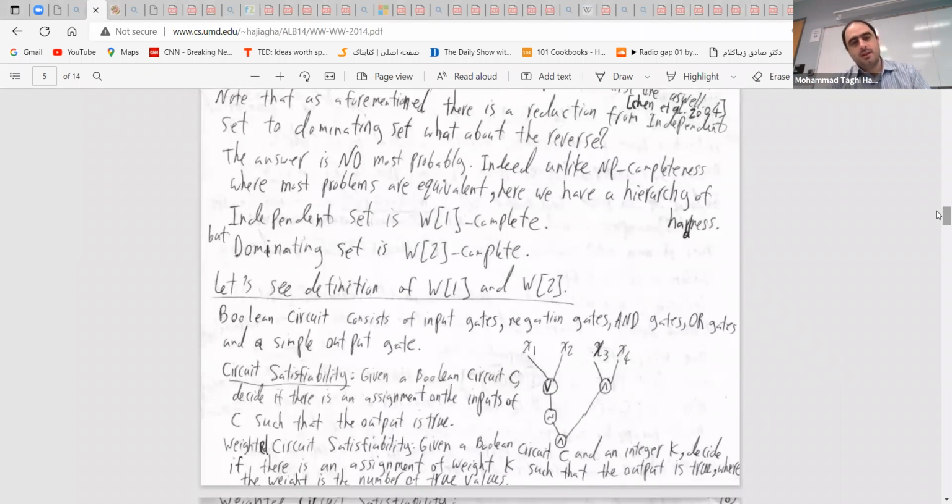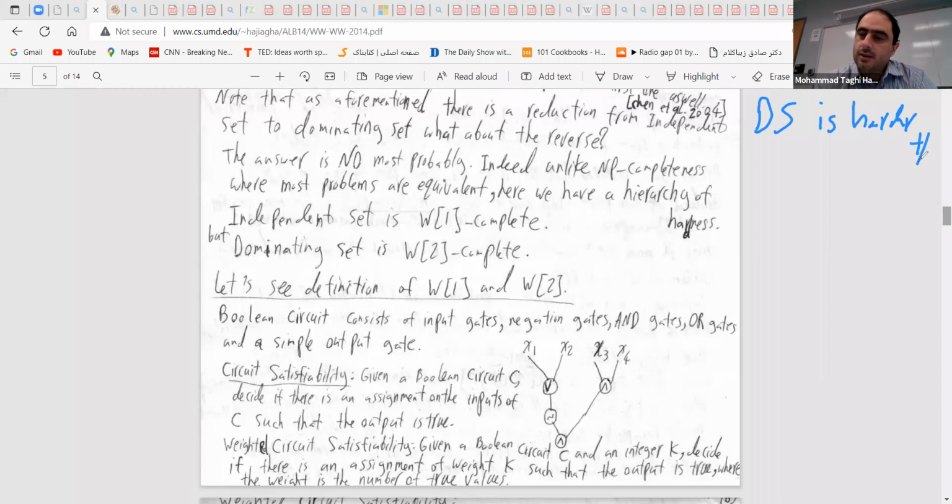So the main question is that dominating set and independent set are both NP-hard problems. And what we showed is that, in some sense, dominating set somehow is harder than independent set.